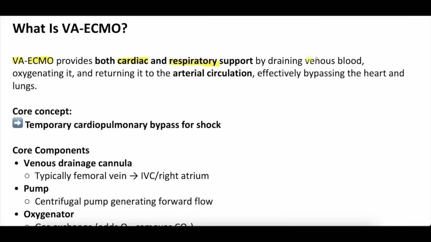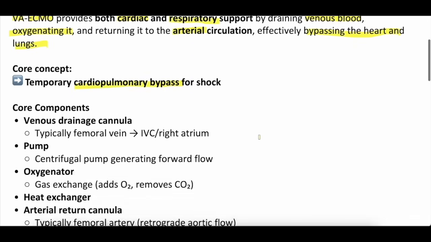And it does so by pulling blood out of the venous side of the body, putting it through an oxygenator, and pumping it back into the arterial part of the body, effectively bypassing the heart and the lungs. All right, so it's kind of temporary cardiopulmonary bypass that you can leave patients on to support them from a cardiac and respiratory standpoint. How it works, though, is important.